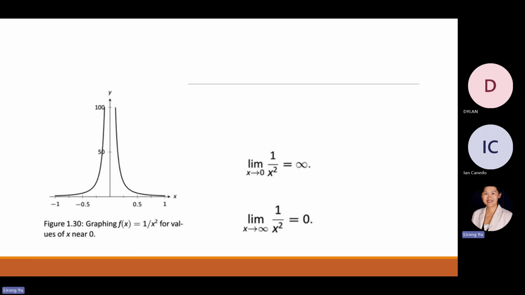Whenever y is finite, but x is approaching infinity, that's a horizontal asymptote. So x equal to 0 is a vertical asymptote, and y equal to 0, that's when x goes to infinity, will be a horizontal asymptote.